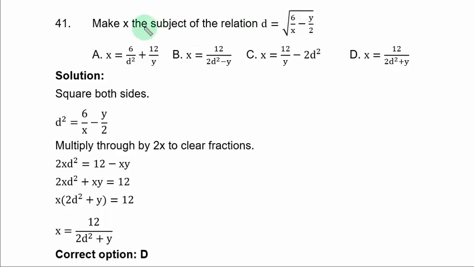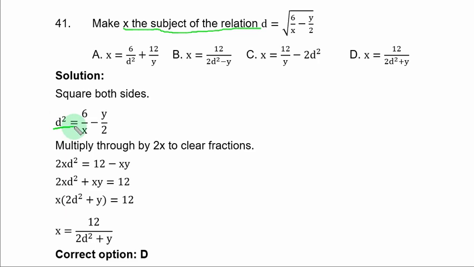Question 41. Make S the subject of the relation D equal to square root of 6/S minus y/2. So you have to square both sides first. You need to remove the square root, and the only way is squaring both sides.